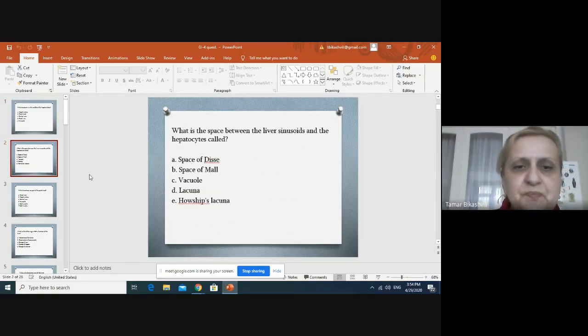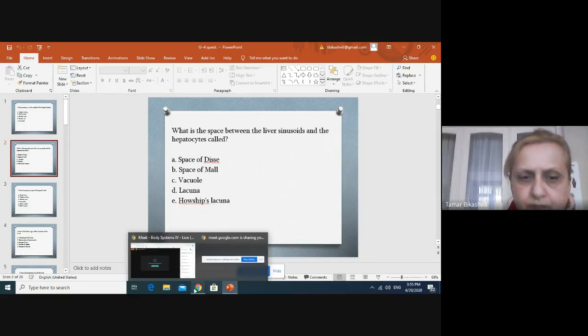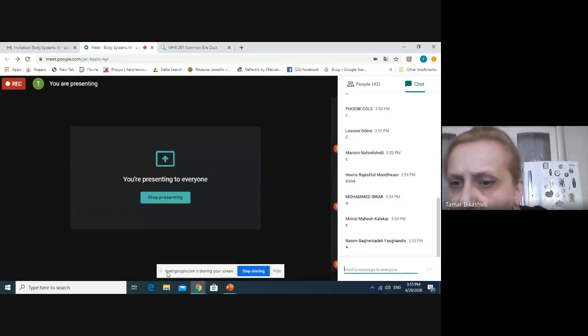The next question. What is the space between the liver sinusoids and the hepatocytes called? Space of Disse, space of Mall, vacuole, lacuna, or Howship's lacuna?